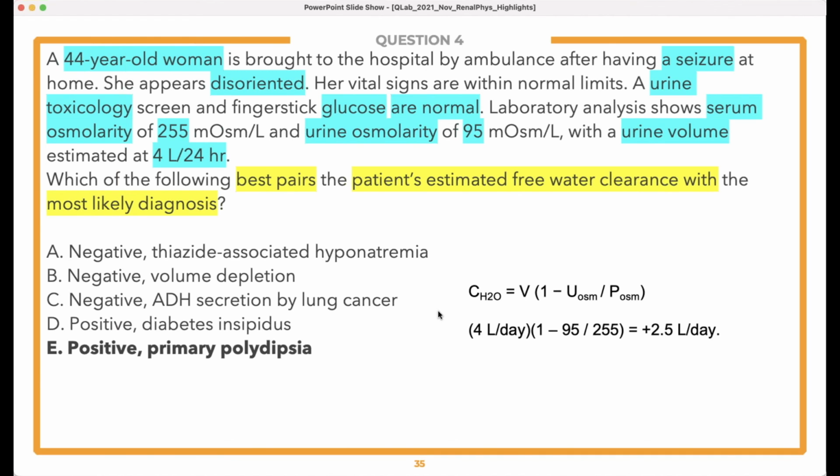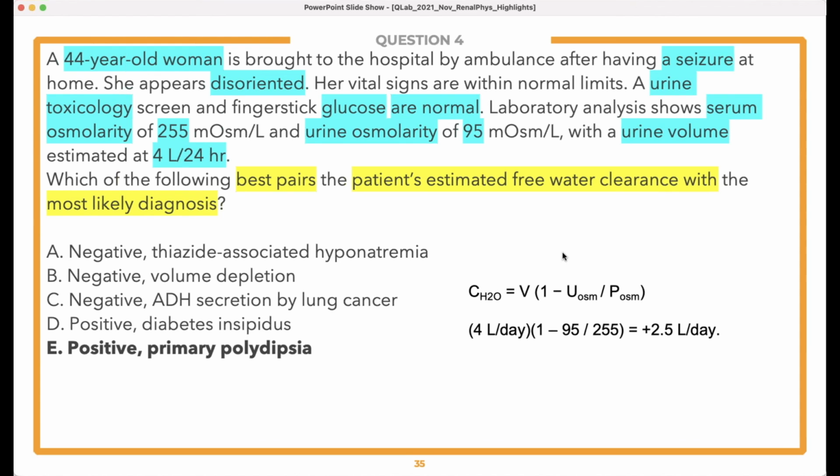Now, the other answer choices would all be incorrect, primarily because the free water clearance is positive and not negative, so we can automatically rule out A, B, and C. Okay, so it's important to be able to calculate free water clearance and know that equation so you can know whether it's positive or negative, and then from there go down your additional steps in your respective algorithms.